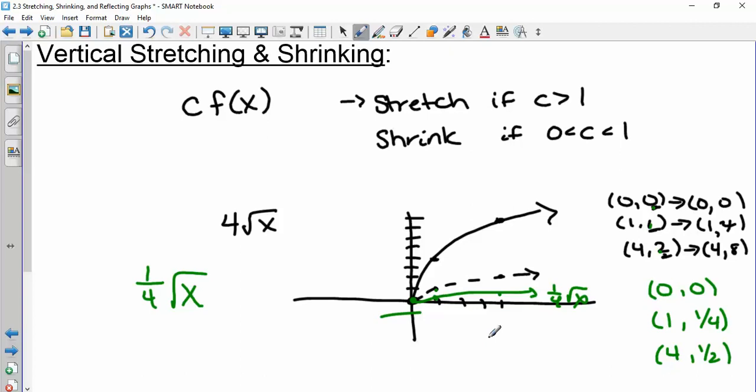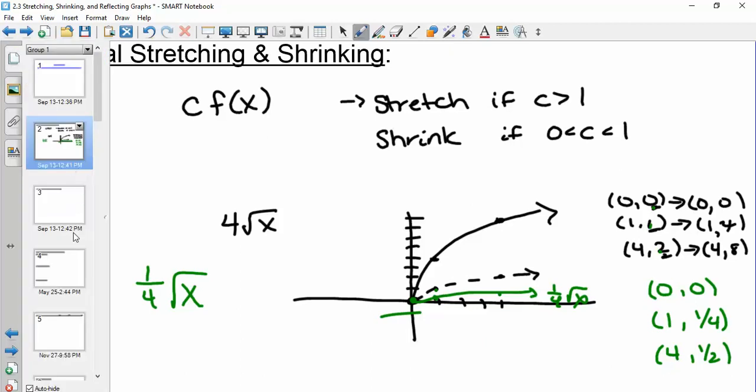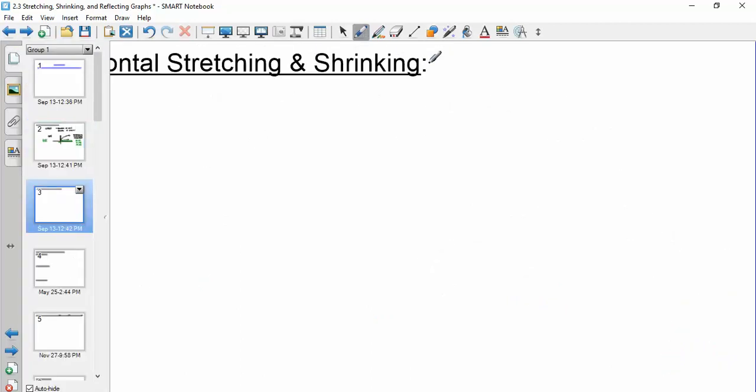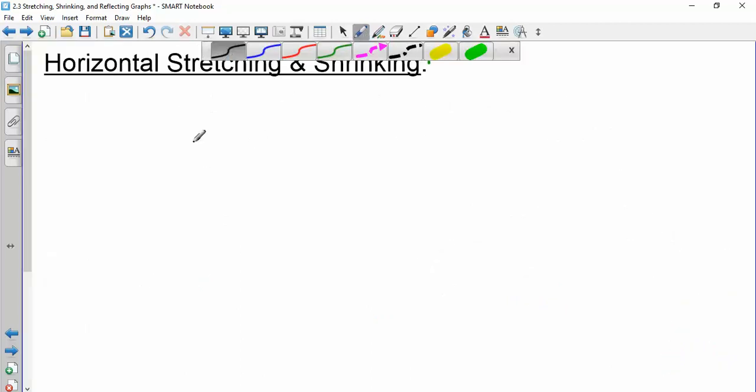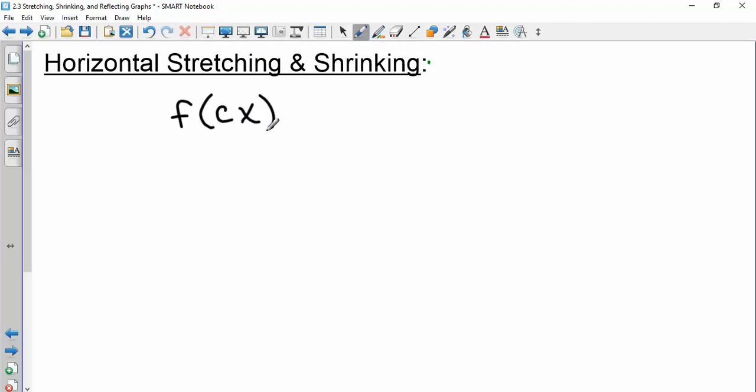Alright. Let's talk about horizontal stretching and shrinking. Outside changes y. Inside changes x. But inside does the opposite of what we think. So what's going to happen is if this number is greater than 1, it will actually shrink.